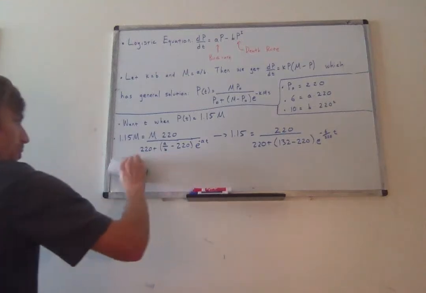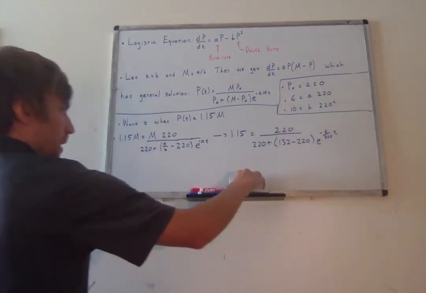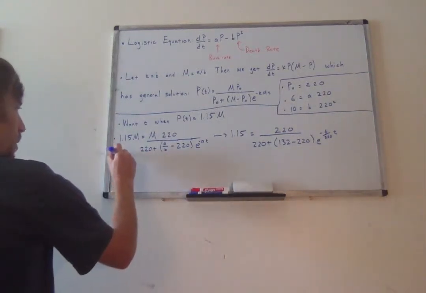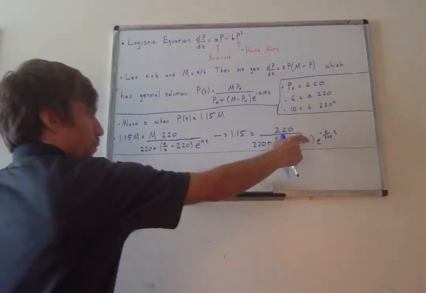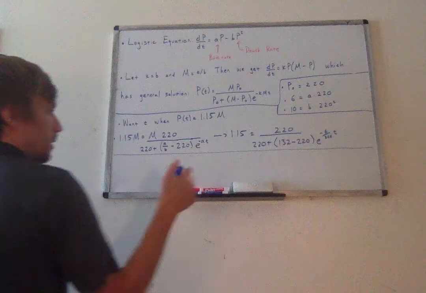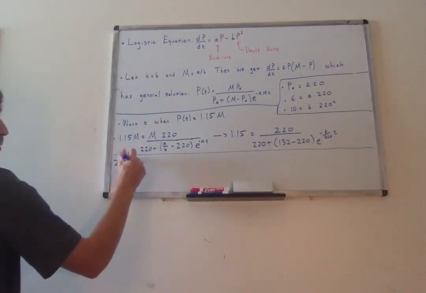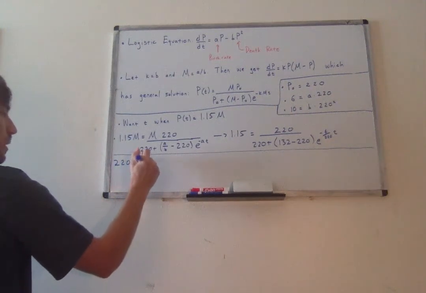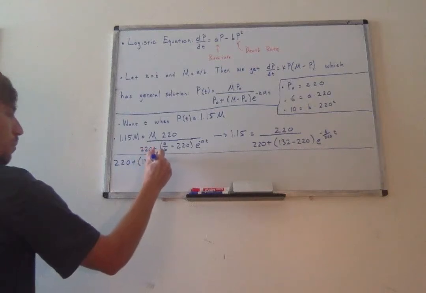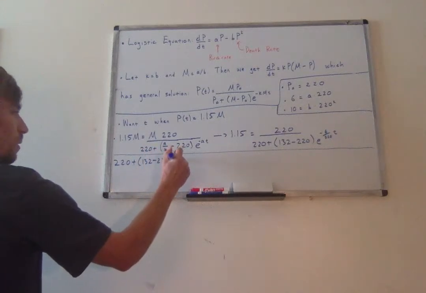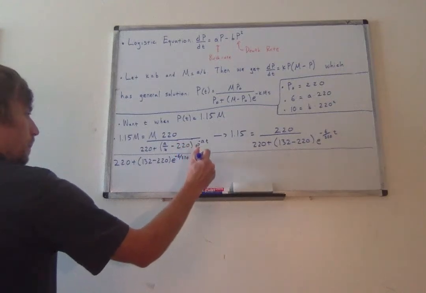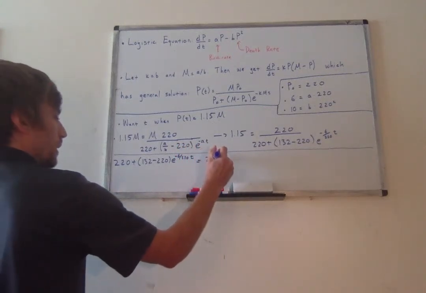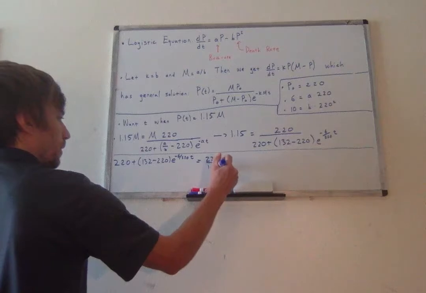The way I would do this, I think, makes it as easy as possible: I would move this entire thing up into the numerator. So I'd go 220 plus 132 minus 220 times e to the negative 6 over 220 t is equal to 220 divided by 1.15.